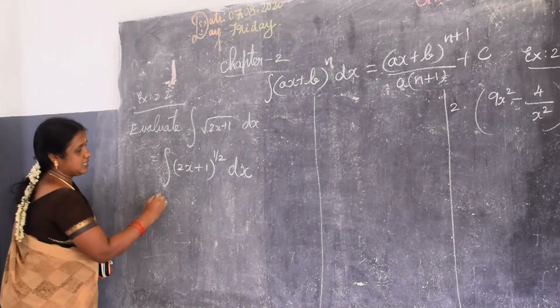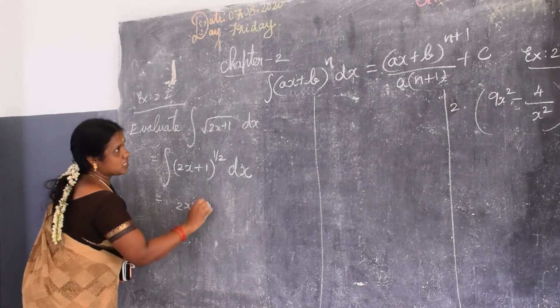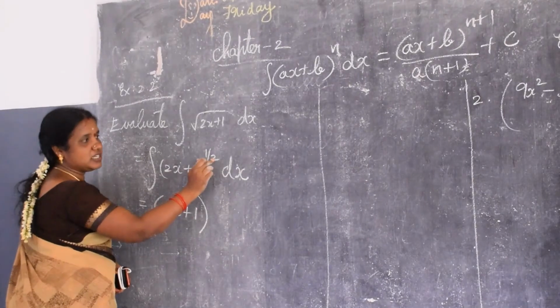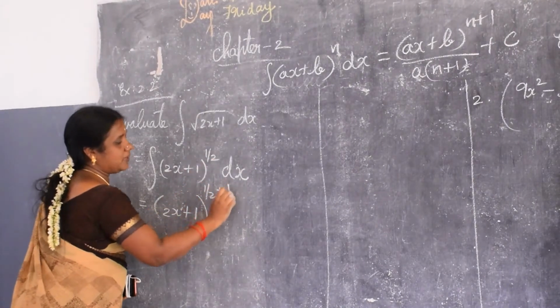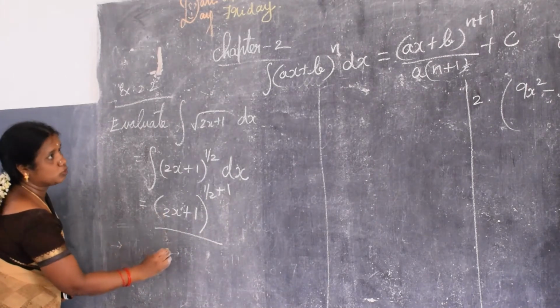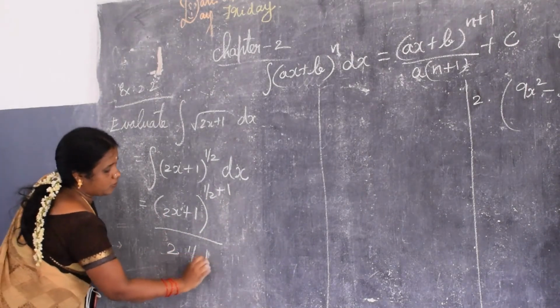See, listen. 2x plus 1 is our ax plus b whole power. Here n is 1 by 2. 1 by 2 plus 1, divided by a. Here our a is 2. 2 into 1 by 2 plus 1.